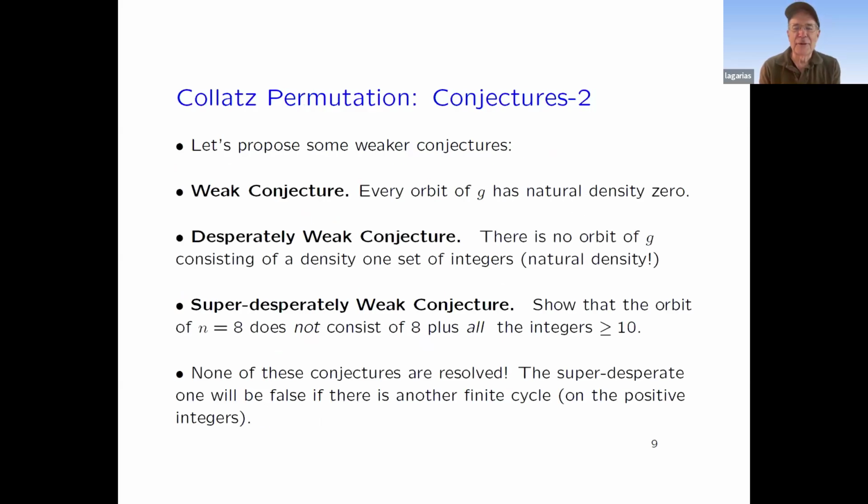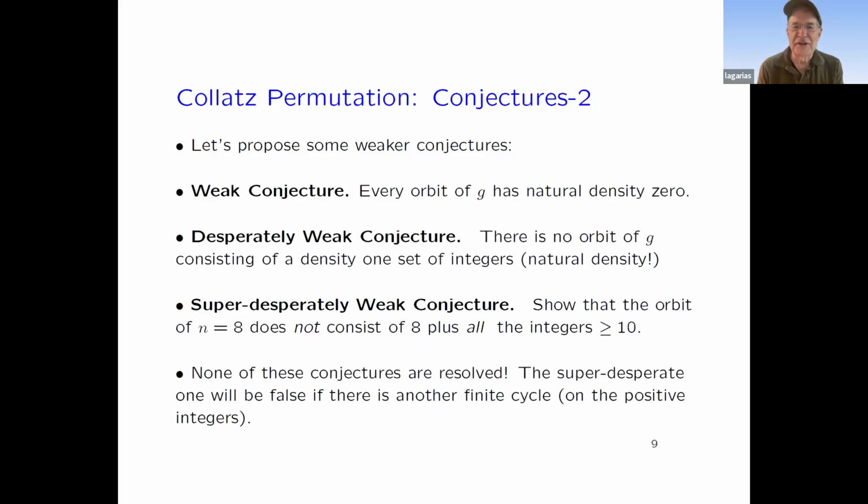Let's propose some weaker conjectures. A weak conjecture, which I tried to prove for a long time, is that every orbit of G has natural density 0. I really thought this problem might be in reach, so I invite you, if you've got a lot of time, to think about it.